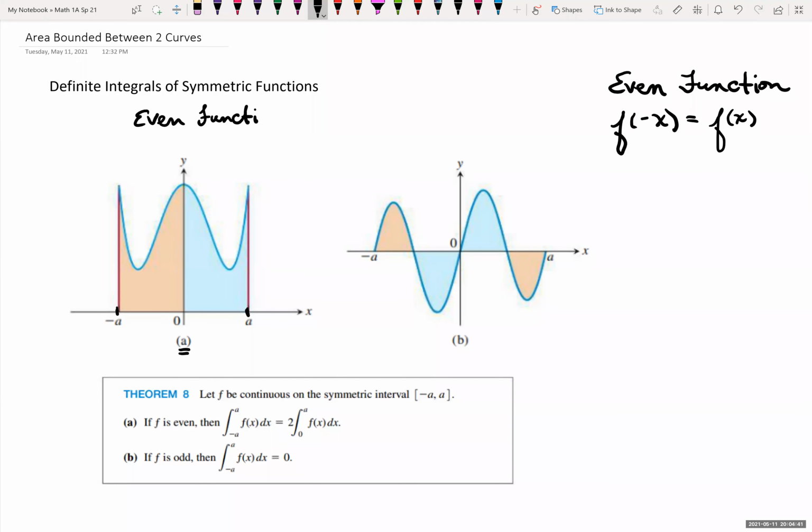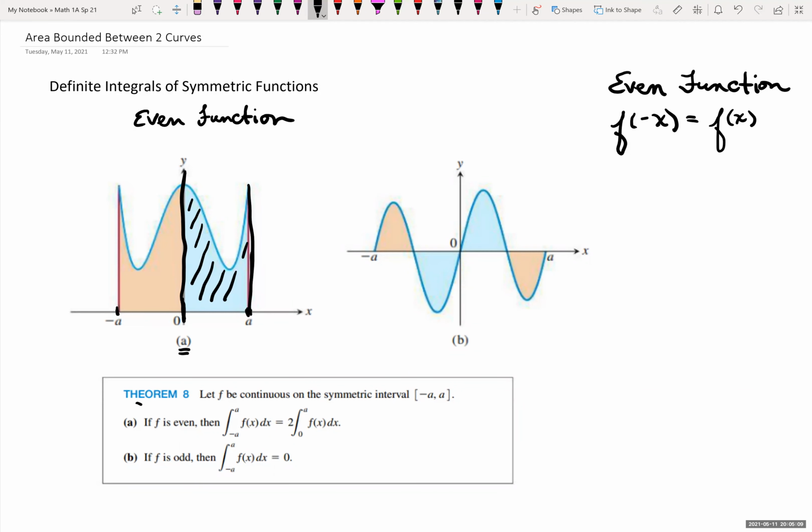So if we wanted to find the area of an even function that's continuous between the bounds negative a and a, really all we would have to do is find the area from 0 to a and then just double it, because it's the same area on the left between negative a and 0 as it is from 0 to a.